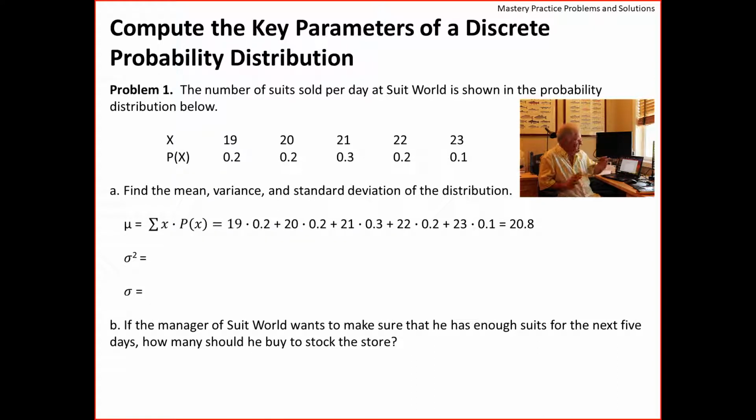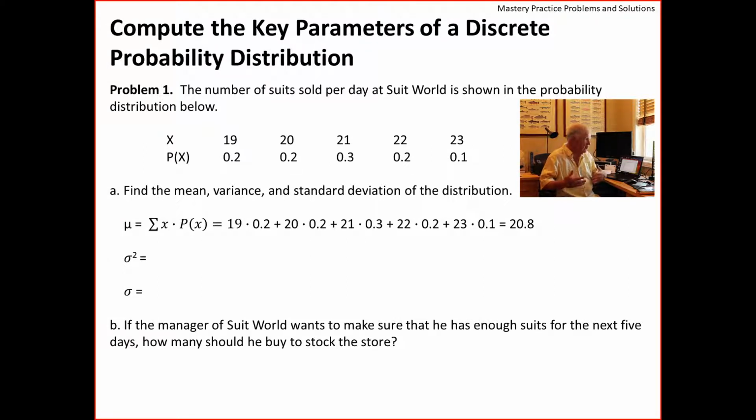I actually waited on that 20.8 because I wanted you to look up at that distribution, before you calculated, and see if you could have guessed that it was a number close to 21. If that distribution was totally uniform, 0.2, 0.2, 0.2, 0.2, 0.2, then I think you would have this feeling that 21 is the average value.